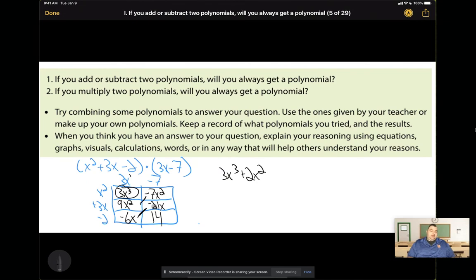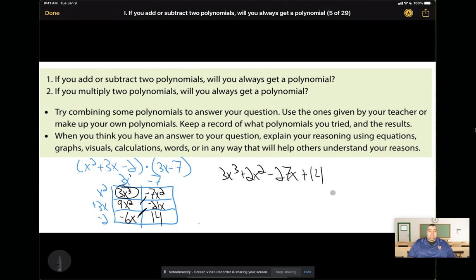I have negative 21 and negative 6x. So that's going to be a negative 27x. And then plus 14. So when I multiply these two polynomials together, I end up with an answer of 3x cubed plus 2x squared minus 27x plus 14. The question is, is this a polynomial?